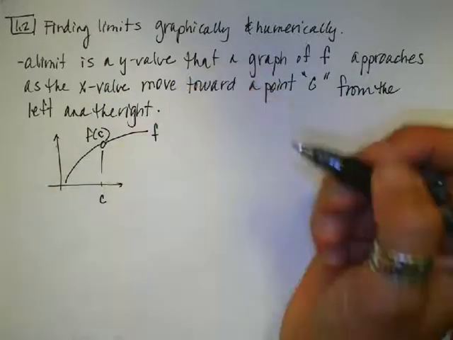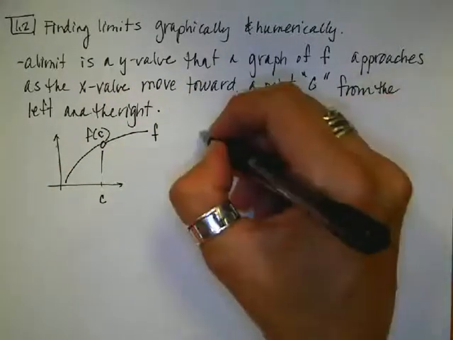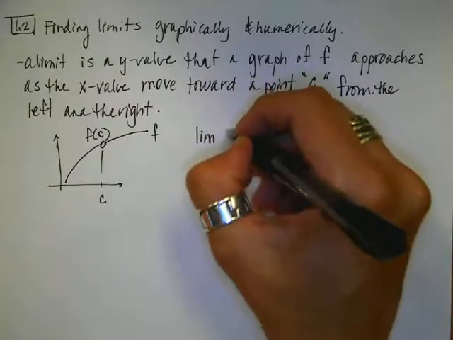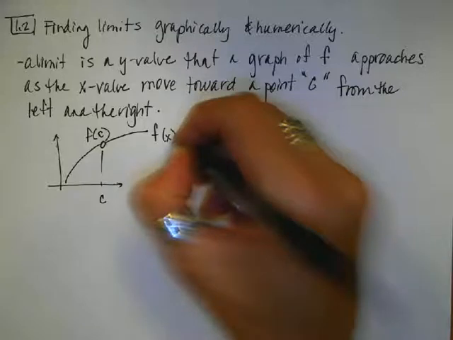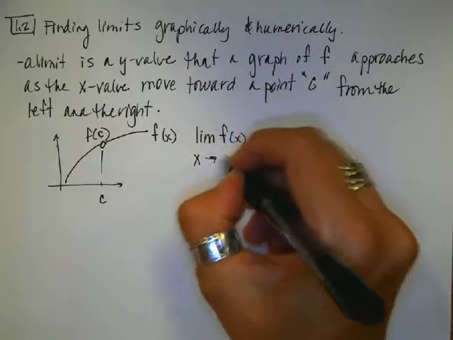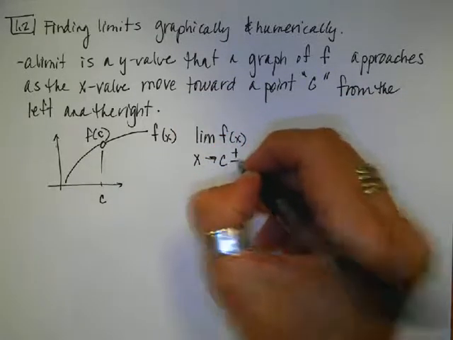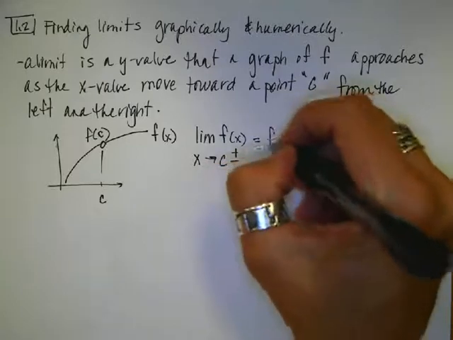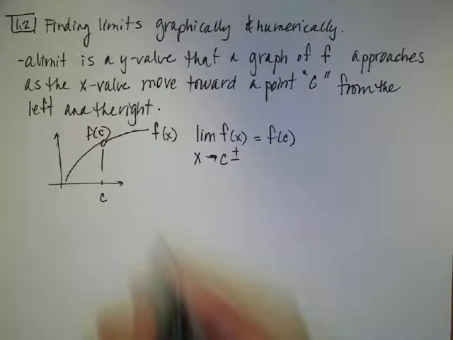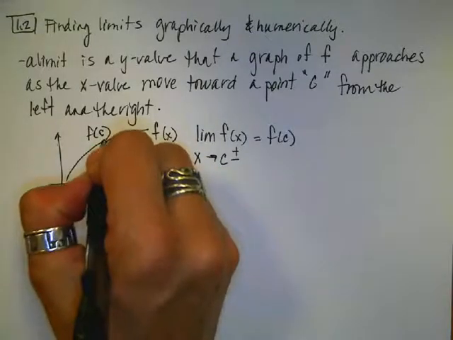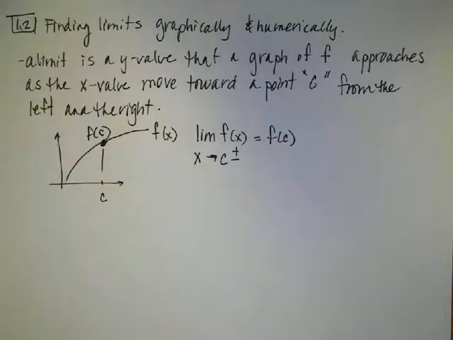So what we would say in our limit notation is that the limit of the function, f of x, as x approaches c from the right and the left would equal f of c. Okay, and if that point is undefined, so maybe that's a bad picture, maybe I'll fill in our little circle. Even if the value is undefined, the limit can exist. And so we'll talk about several examples like that.